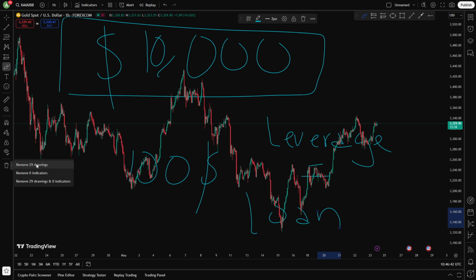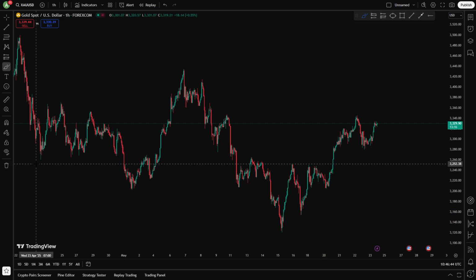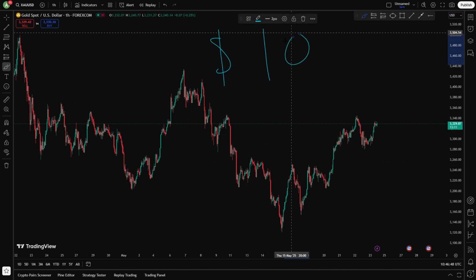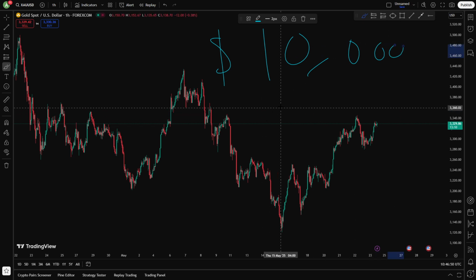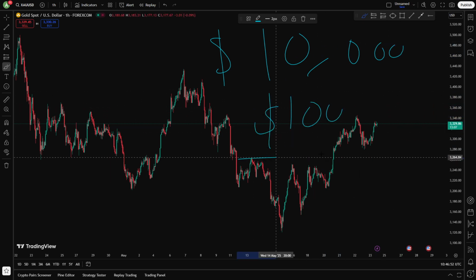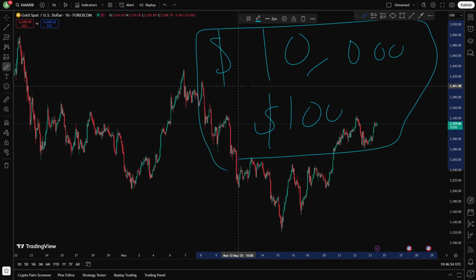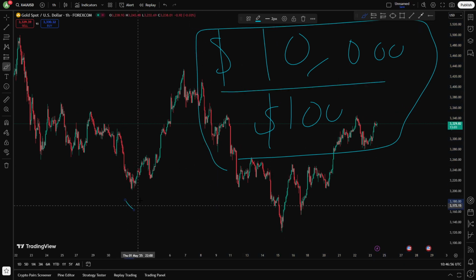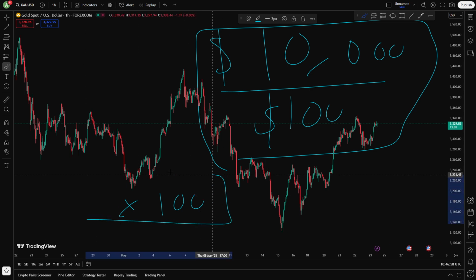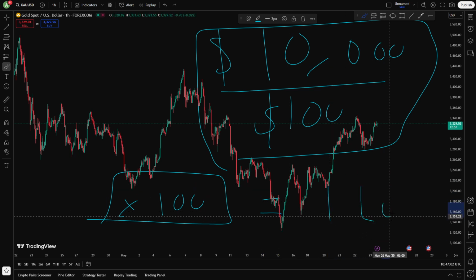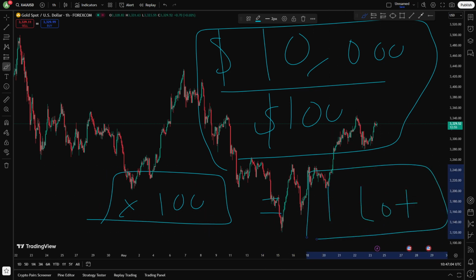You can use 100 times leverage, and that gives you $10,000, so now you can finally get that one lot to use for trading. In simple terms, that is what leverage is.